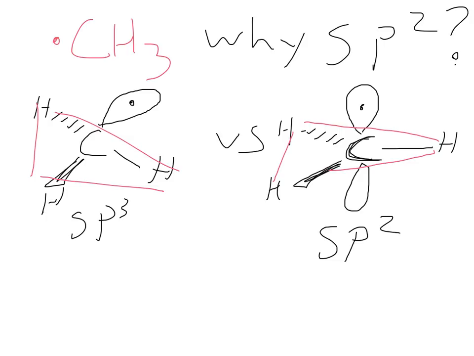But I will say that for the methyl radical, it's less fixed in that. So for the methyl radical, it will kind of hop between the two. But it will spend most of its time looking more like an sp2.